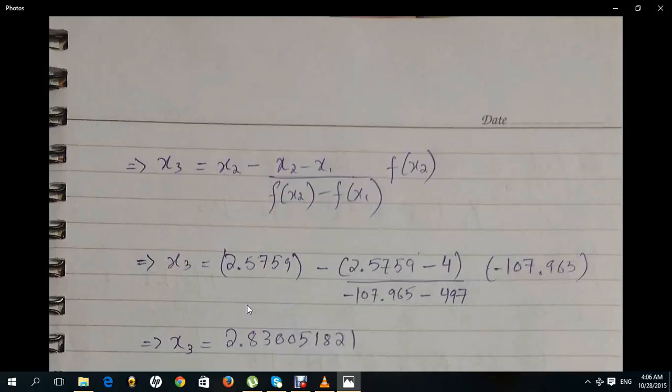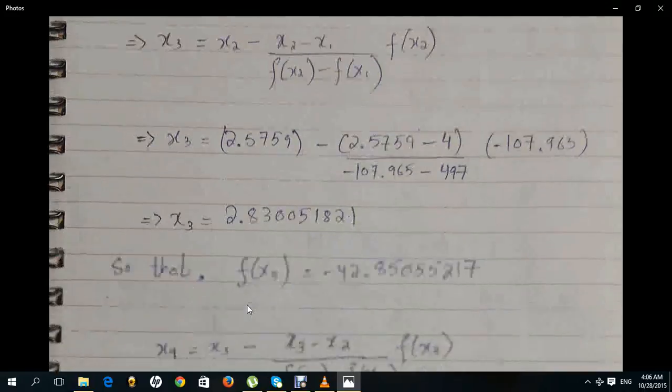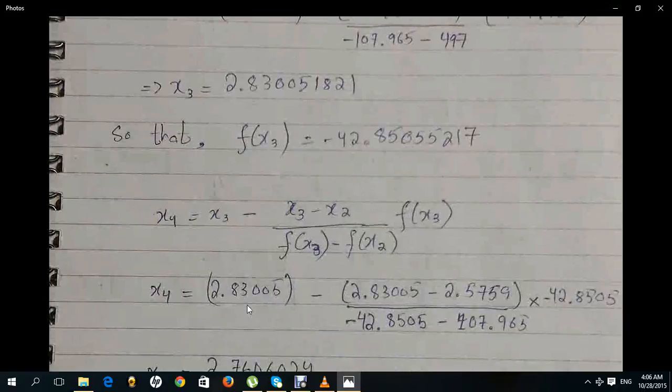This is actually a drawback of this method. Its value is increasing, and it shows that the root is diverging instead of converging. But we will make some more iterations to confirm that.